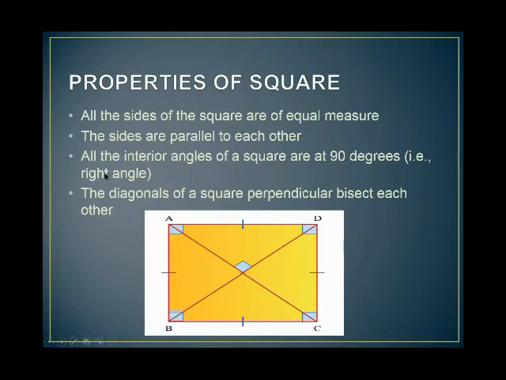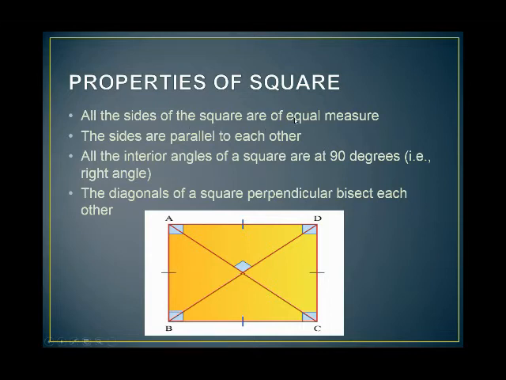Do remember always that a parallelogram has all the properties of a quadrilateral, a rectangle being a parallelogram has all the properties of a parallelogram, and a square being a rectangle has all the properties of the rectangle. In addition, it has other properties.